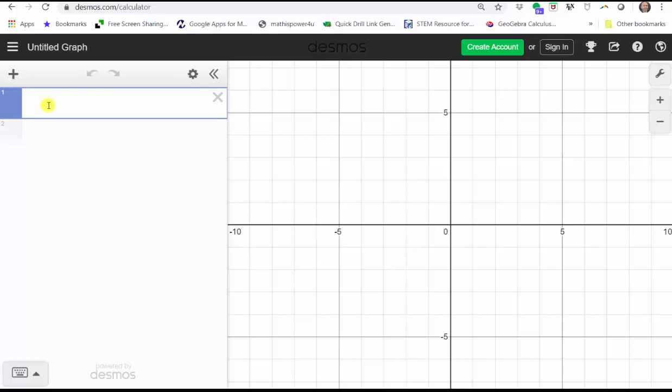We can enter the function from the keyboard or the Desmos keyboard by clicking the keyboard button in the lower left-hand corner.